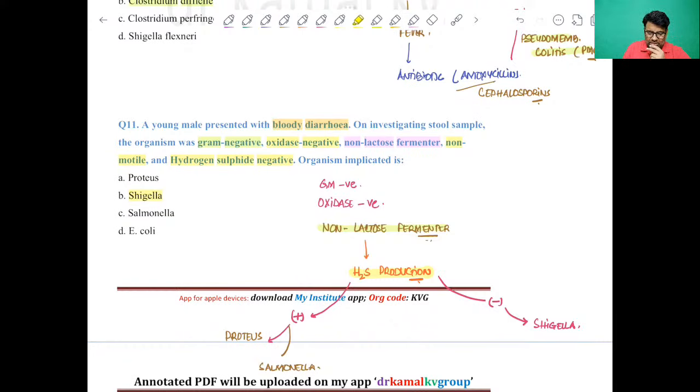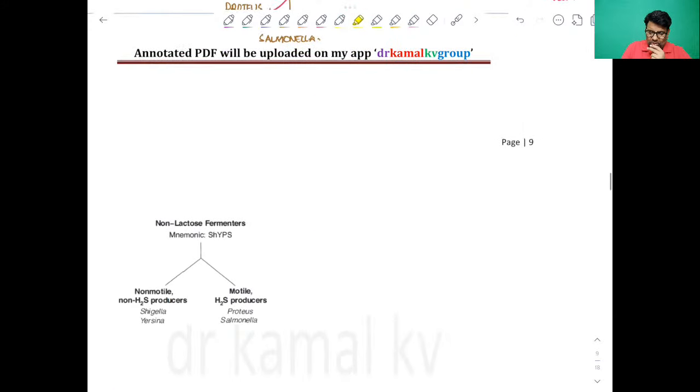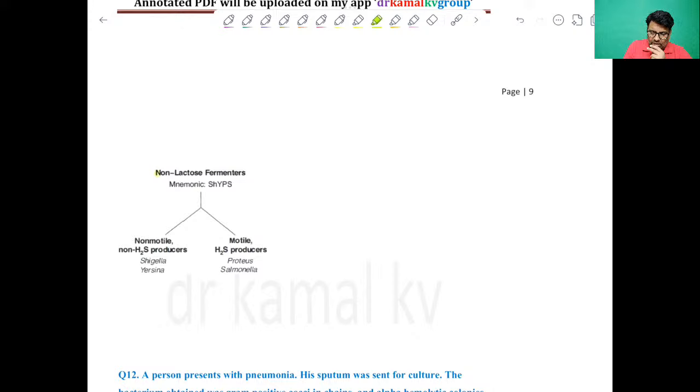So the answer in this case will be Shigella, because when we discuss non-lactose fermenters, we have to look for hydrogen sulfide production. Either it is absent or it is present. If it is absent, you should think of Shigella, or if it is present, you should think of either Proteus or Salmonella.